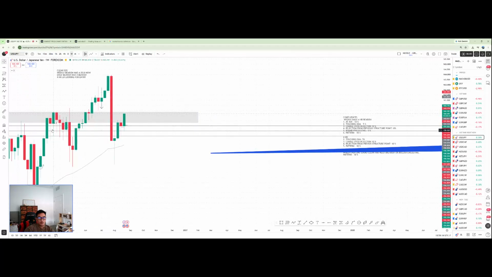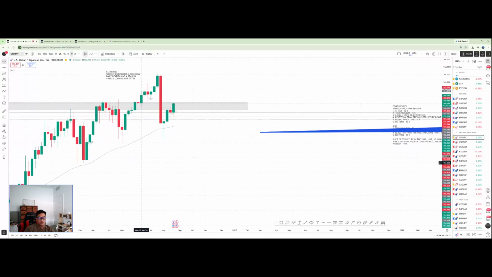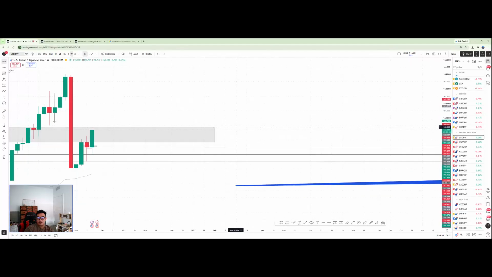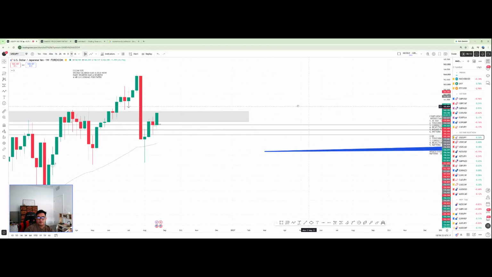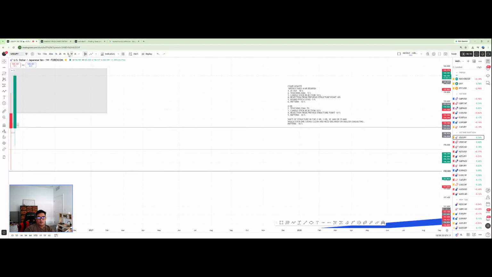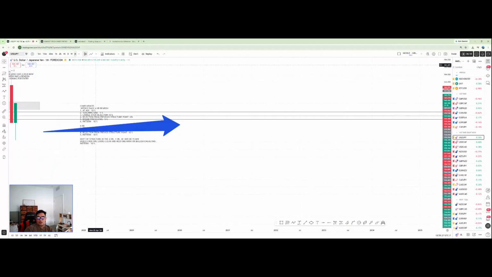So let's say here we have above, price is rejecting, price is rejecting, price is rejecting. So basically it's just another confluence of the market.